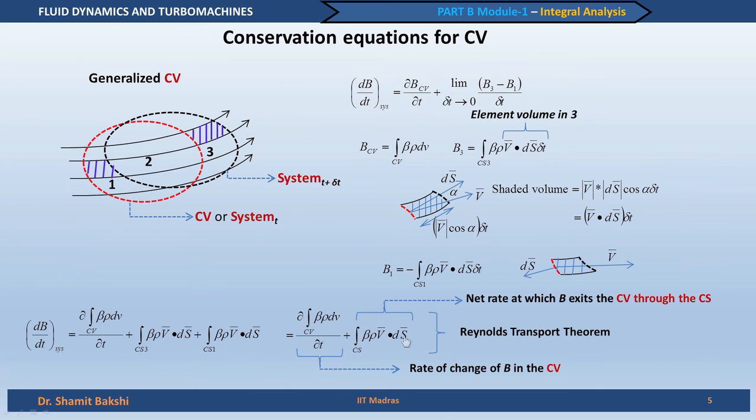In this lecture, the first lecture for the integral analysis, we started with the definition of system and control volume, and we know that all the governing equations for the system are well known. The task of this analysis, to begin with, is to translate the equations for a system to those of a control volume.